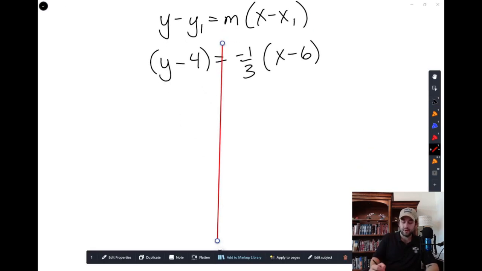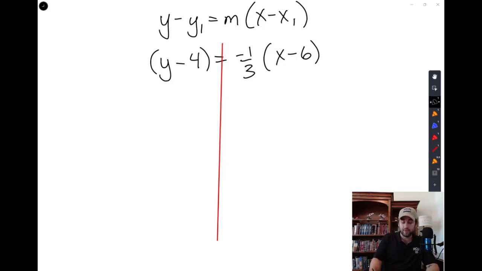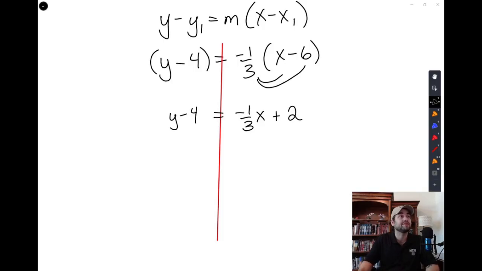And then solving for y, we get distributive property first. Y minus 4 equals negative 1/3 x, that's the tricky part, plus, because a negative times a negative is a positive, 2. 6 over 3 is 2. Then to get y by itself, I'll move that 4 over by adding it. So we get negative 1/3 x plus 6.